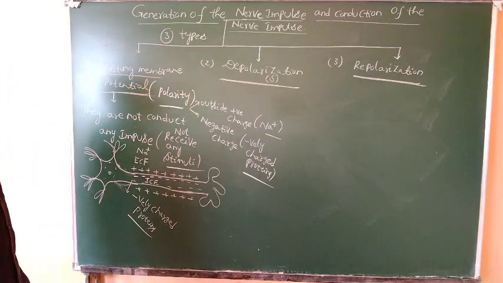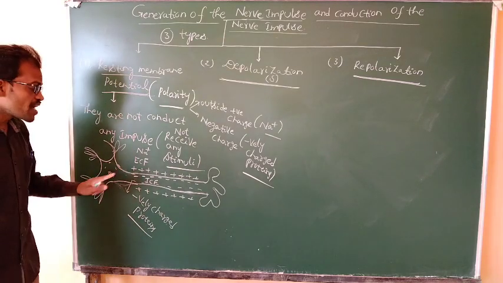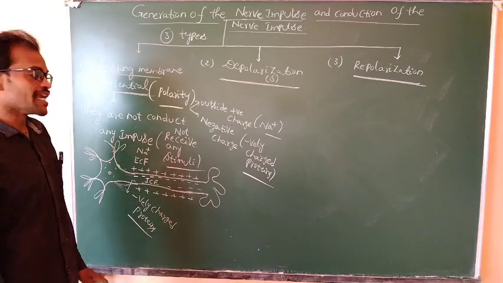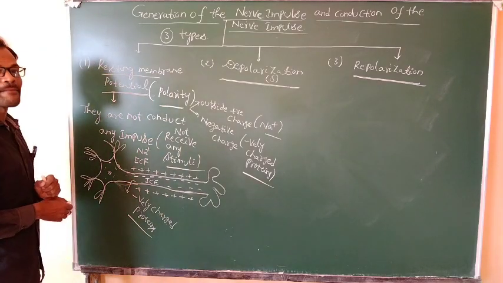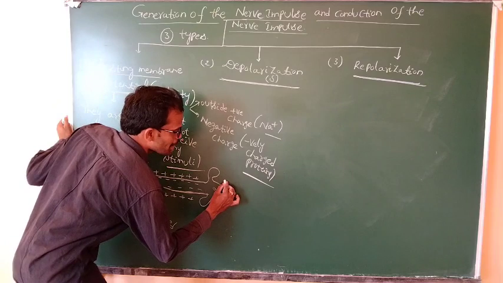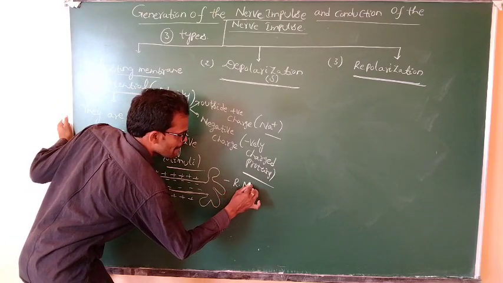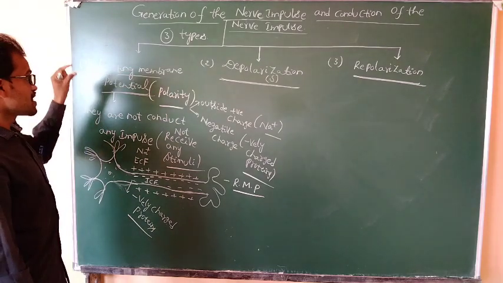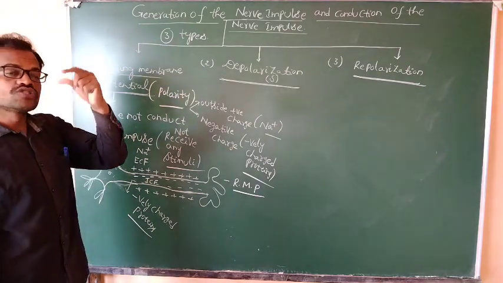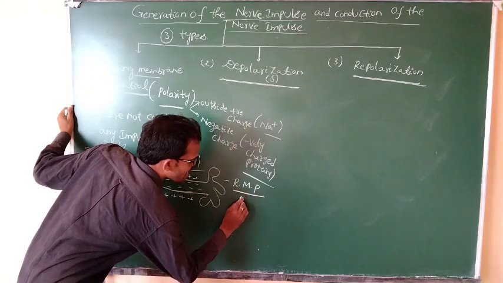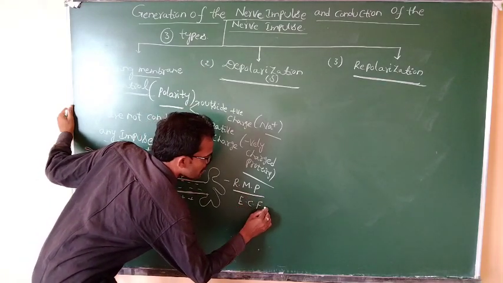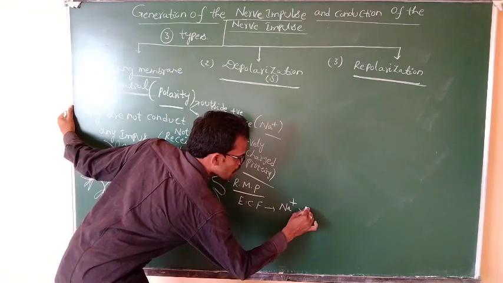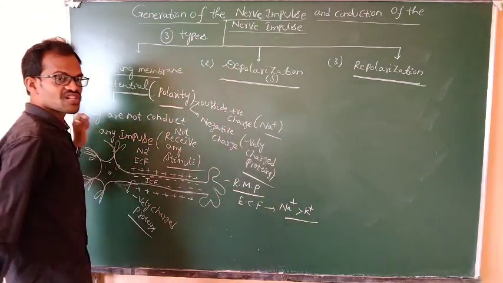If you observe the resting membrane potential, outside always positive means sodium ions, inside always negative. In the extracellular fluid, the sodium concentration is more compared to the potassium concentration.